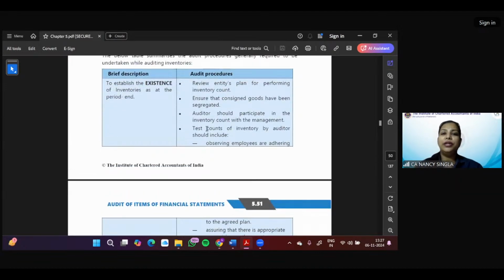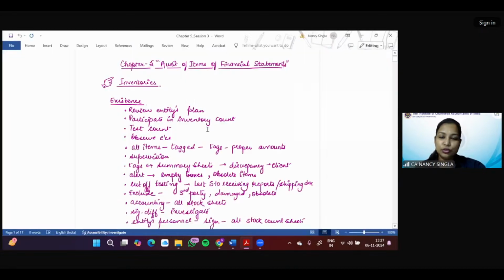Now, when the auditor has to check the existence, do not look at your modules, do not look at your screen. Tell me, we have done SA. What is the relevant SA number with respect to existence of inventory? We have done that in chapter number 4. Swati correct, Shoaib correct. Others also please reply.